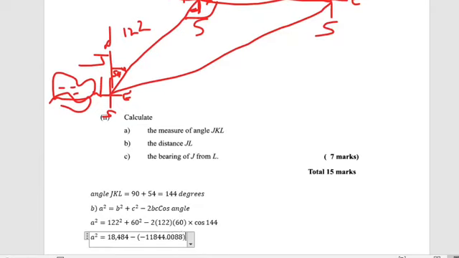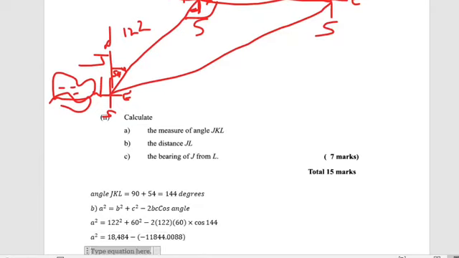So therefore, a square is equal to 30,692.0088.